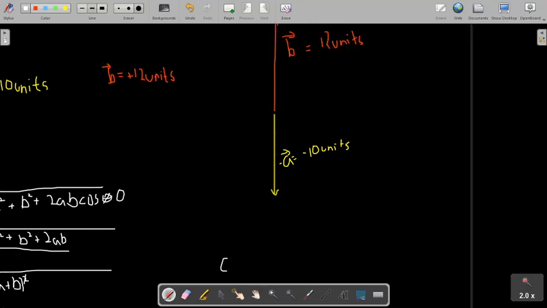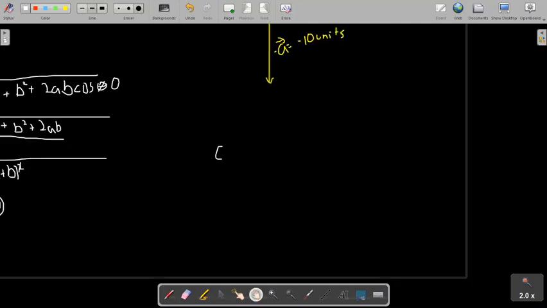Since we have joined the two tails of the vectors, we are getting 180 degrees, right? Because it's a straight line, and motion along one dimension is always along a straight line. So clearly the angle between them is not 0, it is 180.